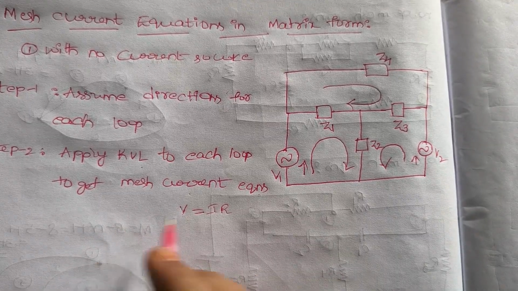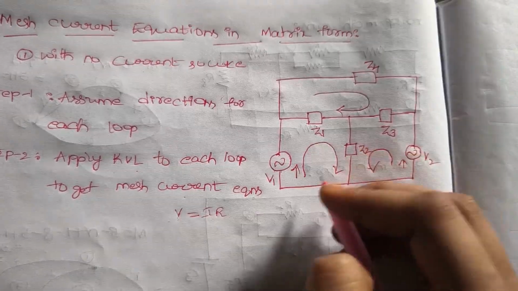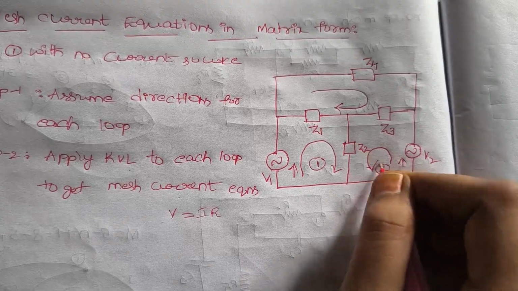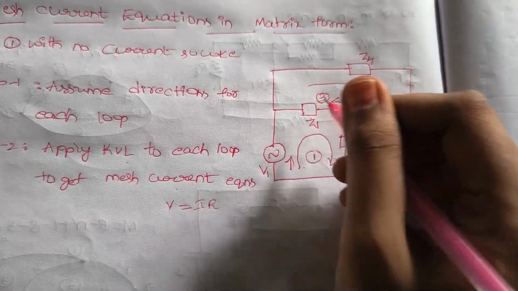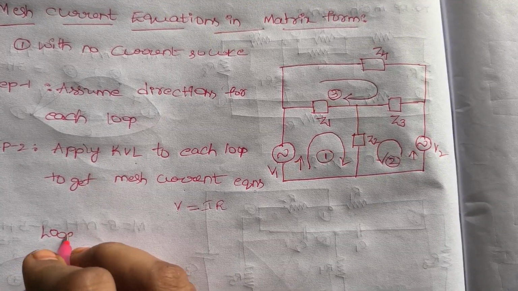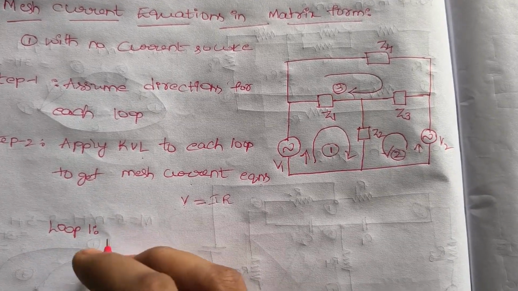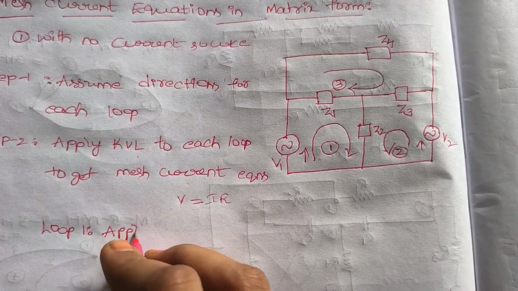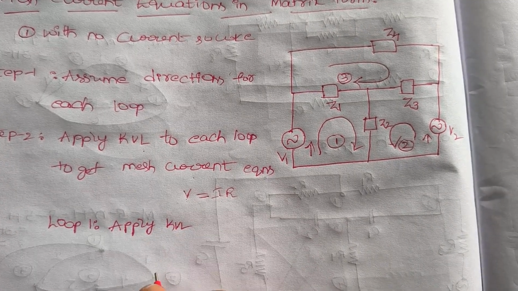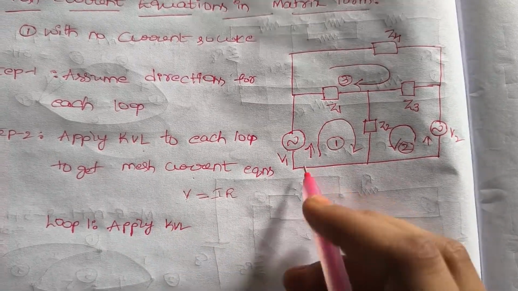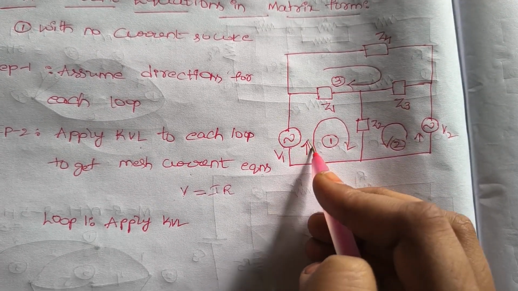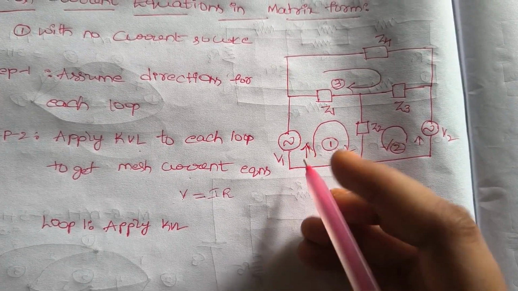Here there are three loops, so we assume loop 1, loop 2, loop 3. For loop 1, we apply KVL. When we apply KVL, this arrow denotes the positive.